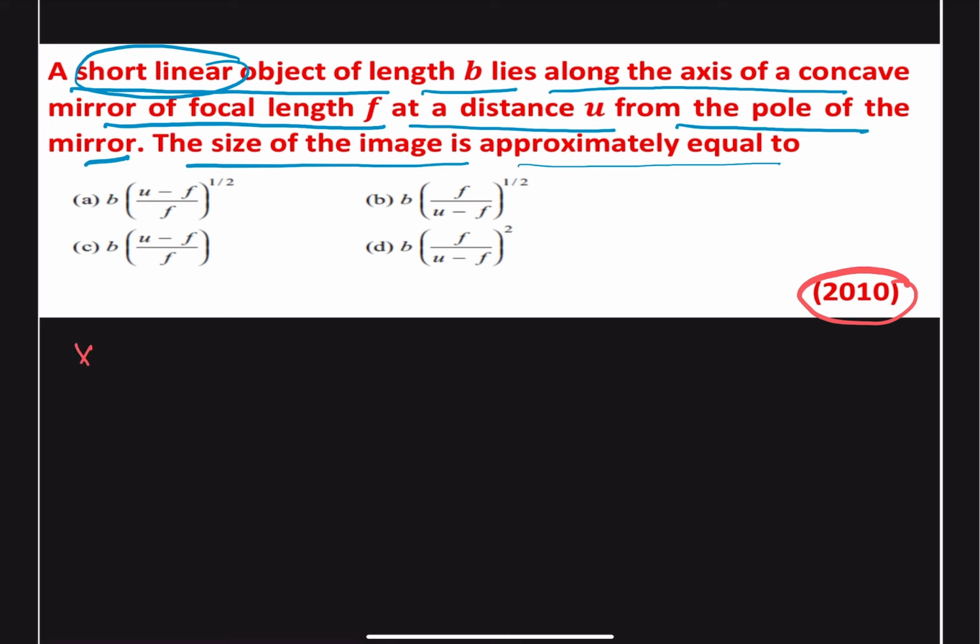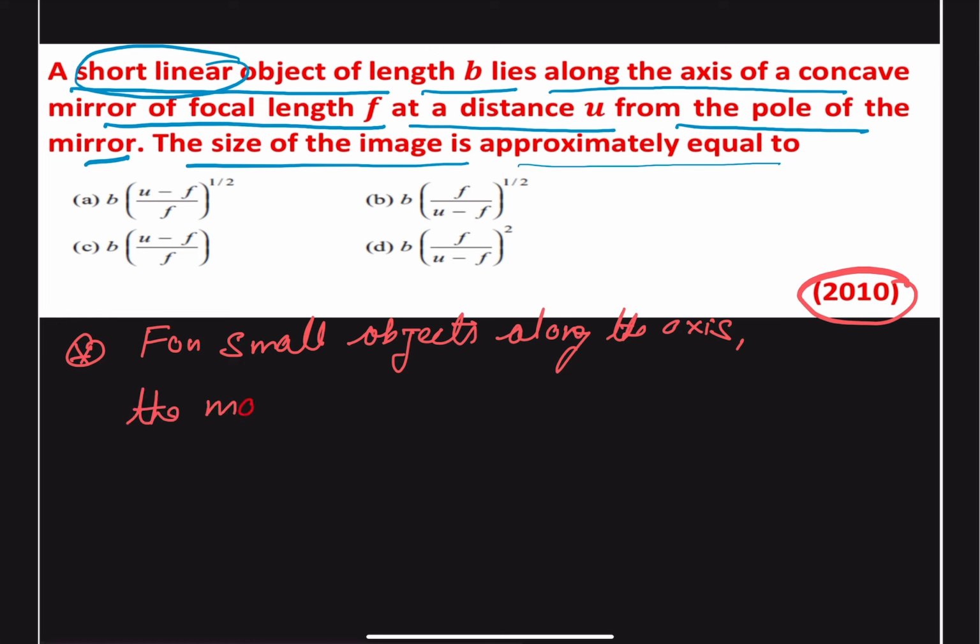So you can write that for small objects along the axis, the magnification varies linearly with the distance from the pole.